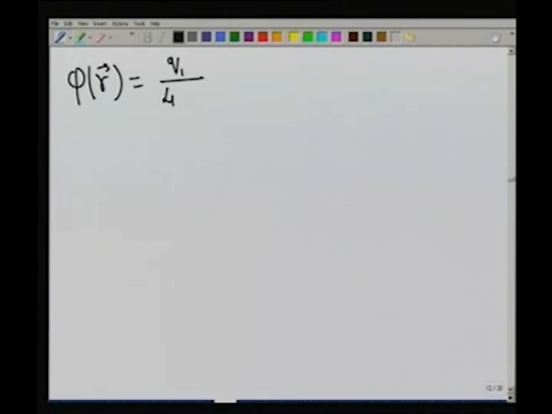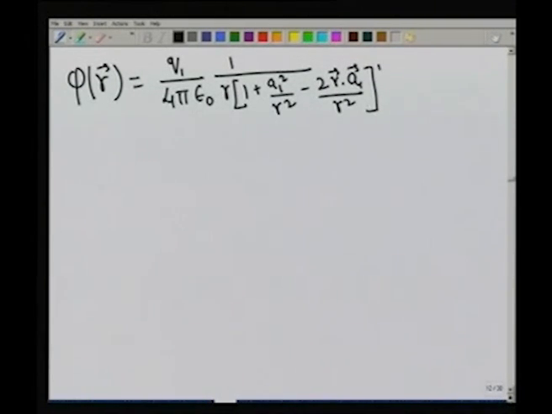Q1 over 4 pi epsilon naught. I pulled out my factor R and wrote it as 1 plus A1 squared by R squared minus 2 R dot A1 by R squared to the power of half plus 1 going to 2, that is replace Q1 by Q2 and A1 by A2, and of course R remains the same, and we have to make a binomial expansion.